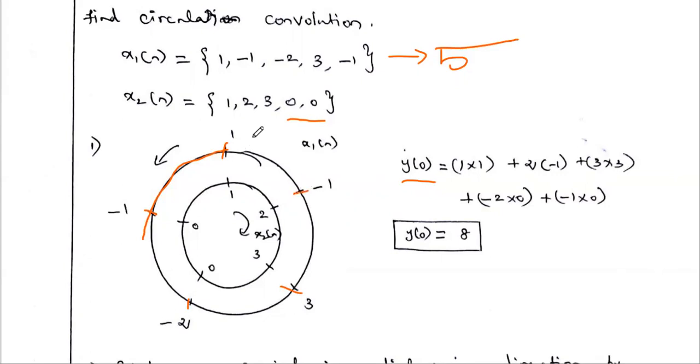I am going to start at this top point; you may start at any point. Then we place the values. What are the values in x1 of n? 1, minus 1, minus 2, 3 and minus 1.